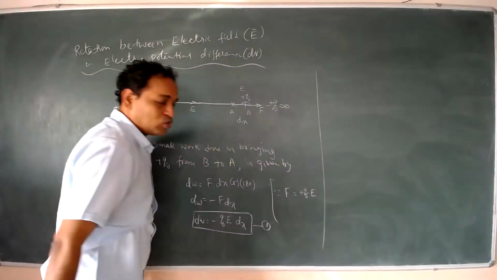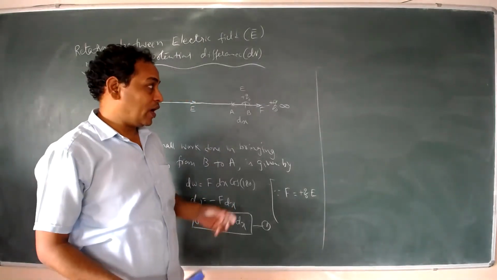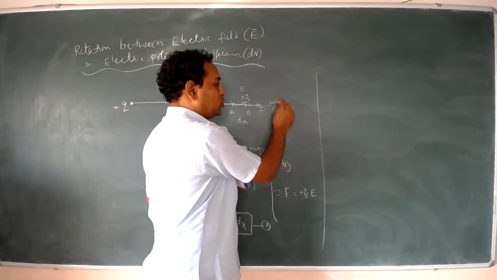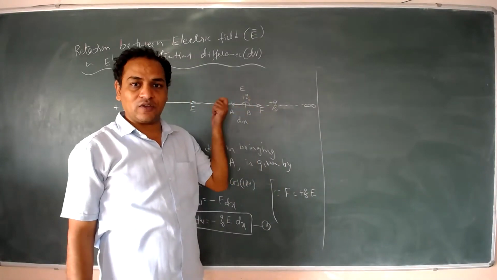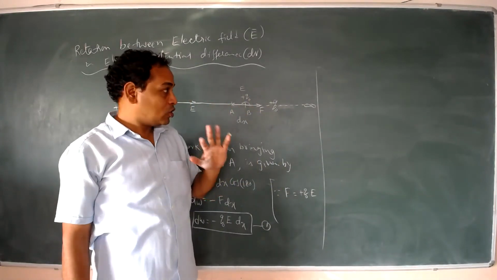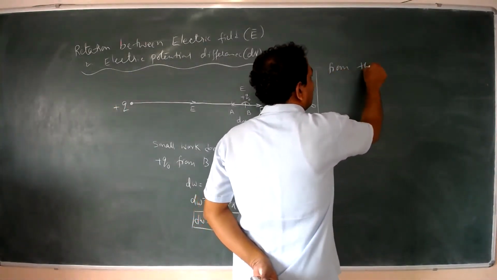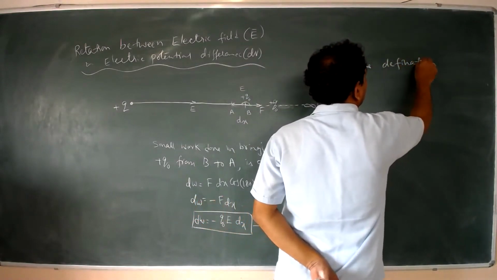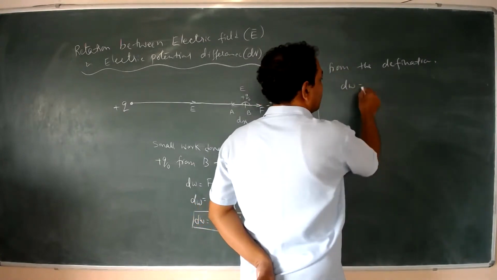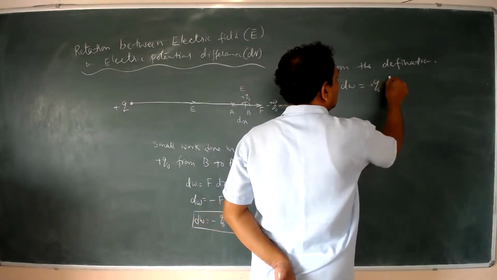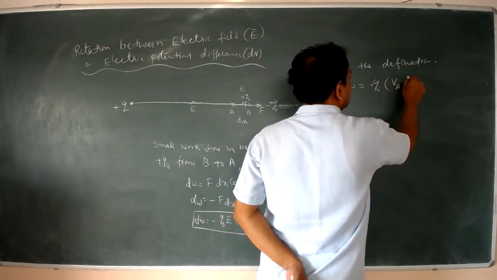And also we know that from the definition of electric potential, the amount of work done in bringing a unit positive test charge from infinity to the point against the electric field is called electric potential. We know this very well. So from the definition, we are having one formula. dW is equal to charge into potential difference, that is VA minus VB.